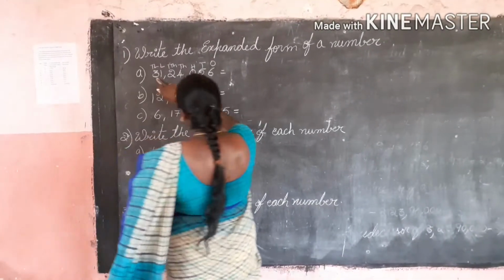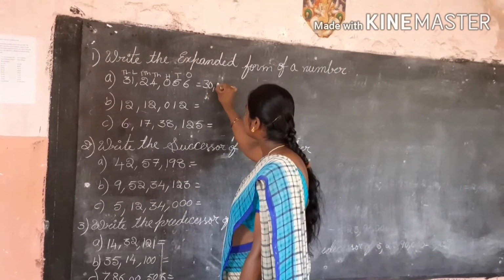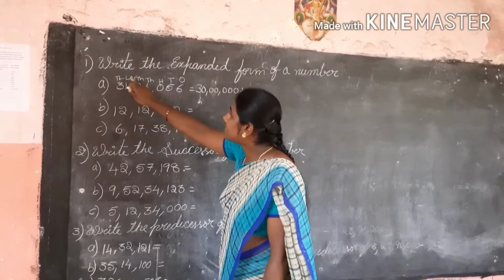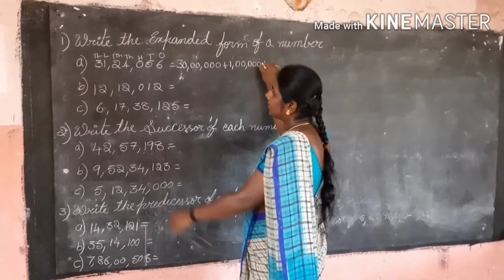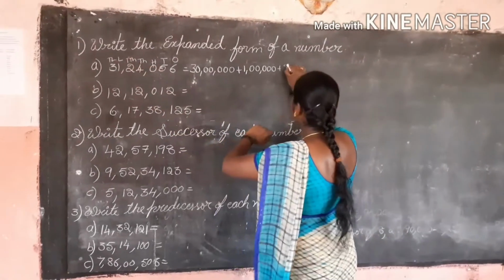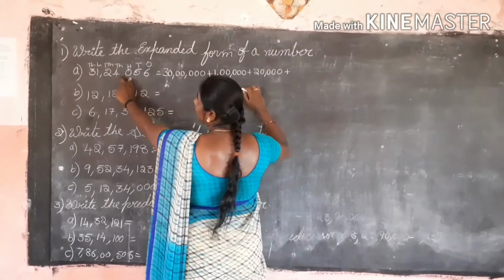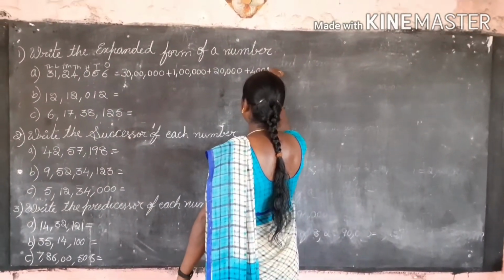Now see, 3 is in the 10 lakhs place, 30 lakhs, plus 1 is in the lakhs place, 1 lakh, 2 is in the 10,000s place, 20,000, 4 is in the thousands place, 4,000.